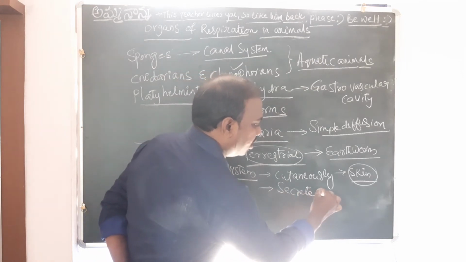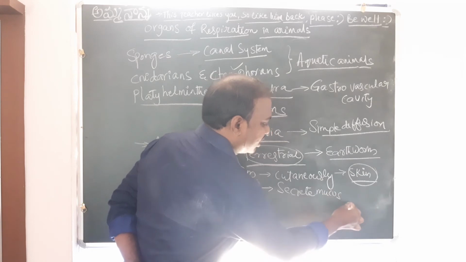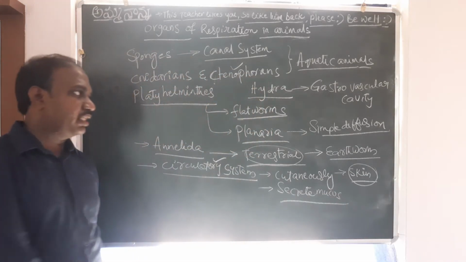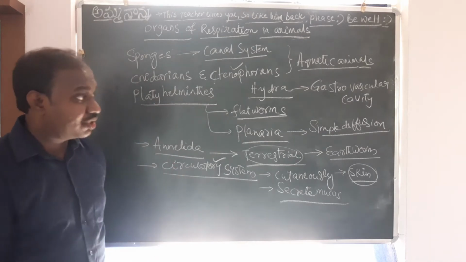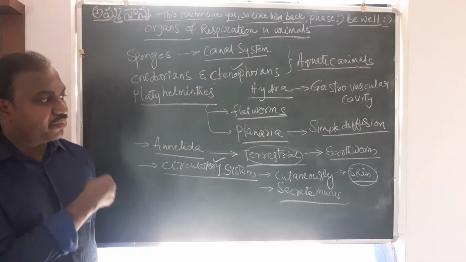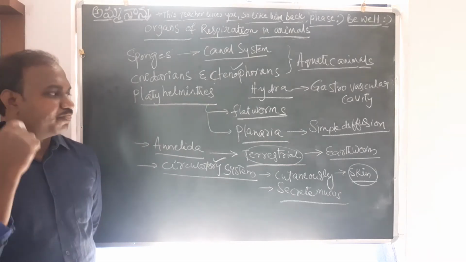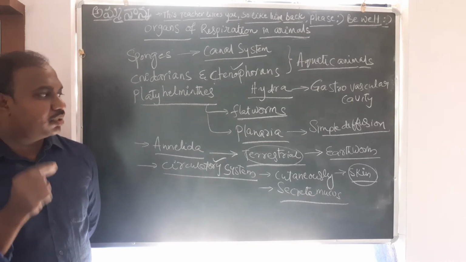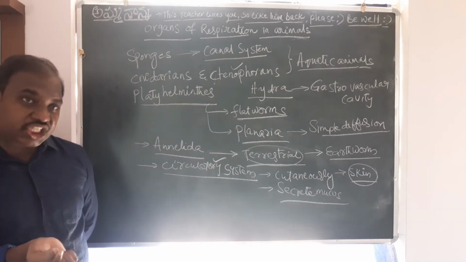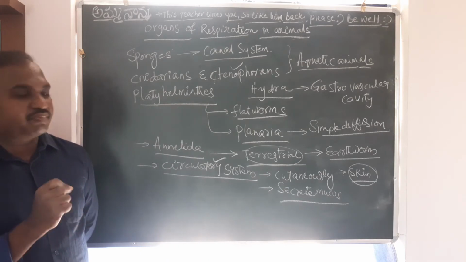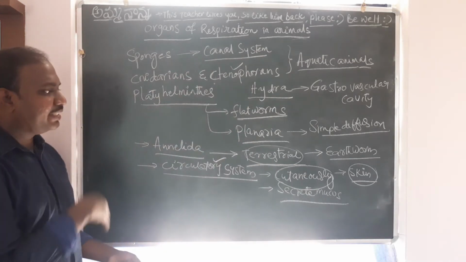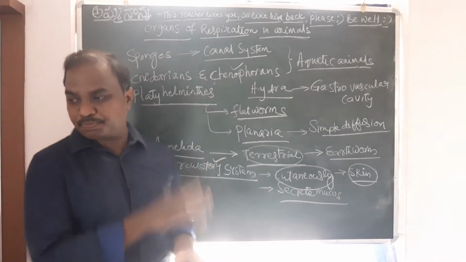The skin contains mucus secreting glands, and with the assistance of these glands, the membrane is kept moist, so the gases can be exchanged here. That is the cutaneous respiration that you will see in the annelidan groups of animals.